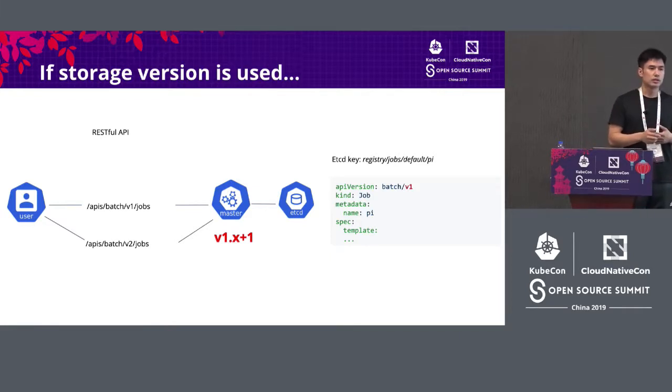Of course, for things to work, this relies on the Kubernetes upstream maintainers to pick the storage version carefully. They need to pick the most stable version as the storage version for every release of Kubernetes.